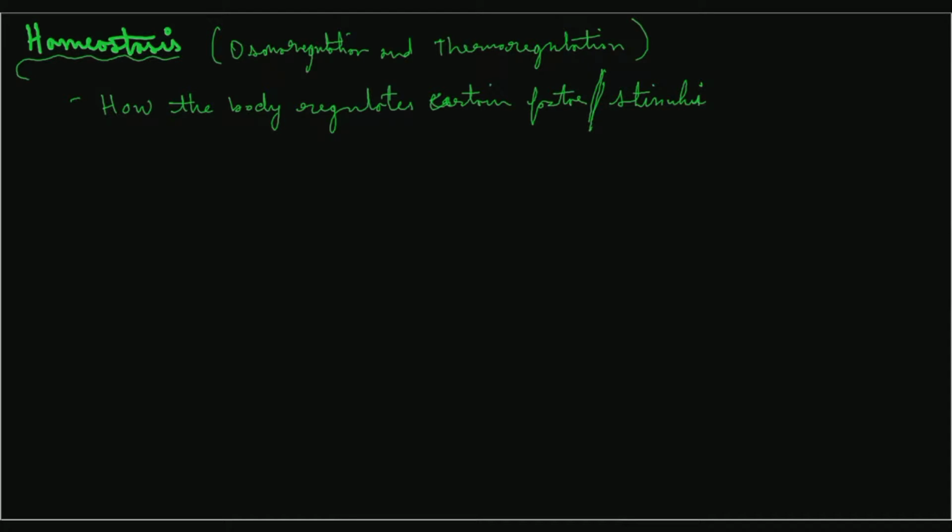Now, the exact point at which that stimulus or environmental factor should be kept is called the set point. So a set point is basically, for example, if the set point for human beings was 96 degrees, the body will try to keep it in that range, and that range is called the normal range.